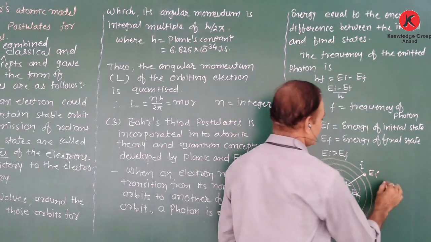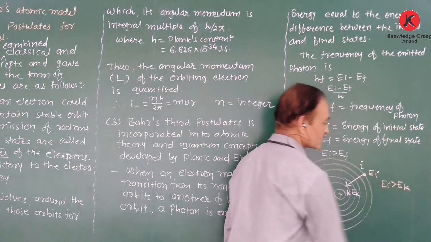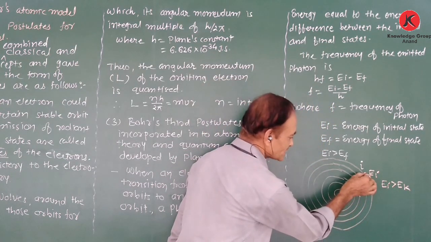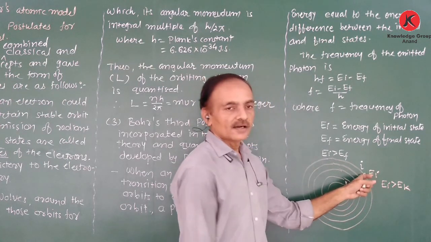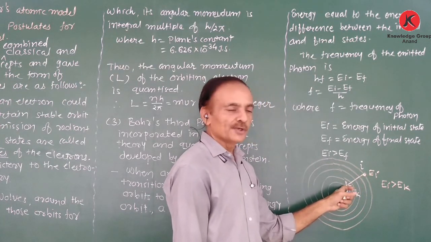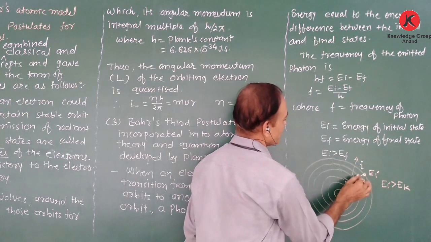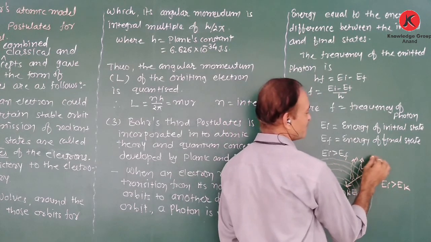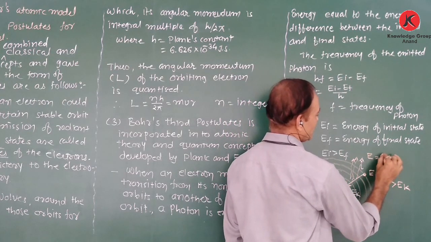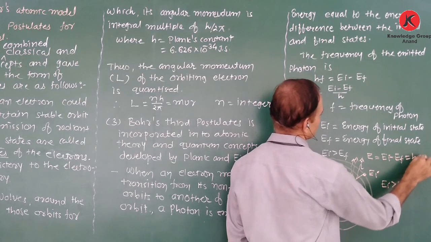Here the energy Ei is greater than Ef. When the electron makes the transition from a non-radiating stationary orbit to the lower energy orbit, electromagnetic waves or photons having energy equal to the energy difference are emitted. E is equal to Ei minus Ef, which is known as hf.